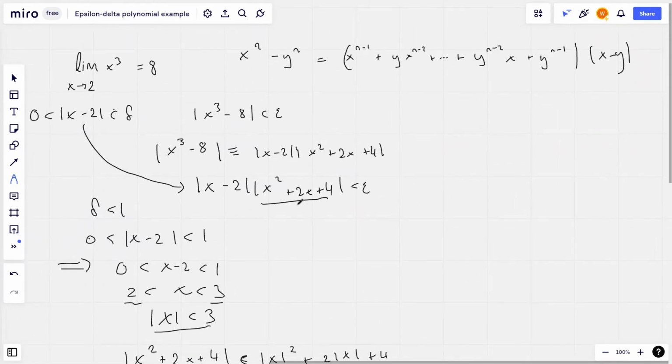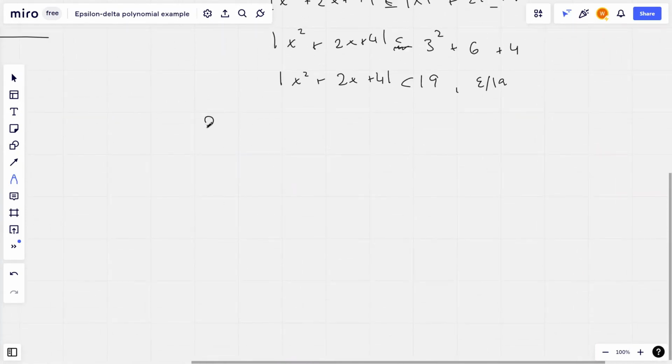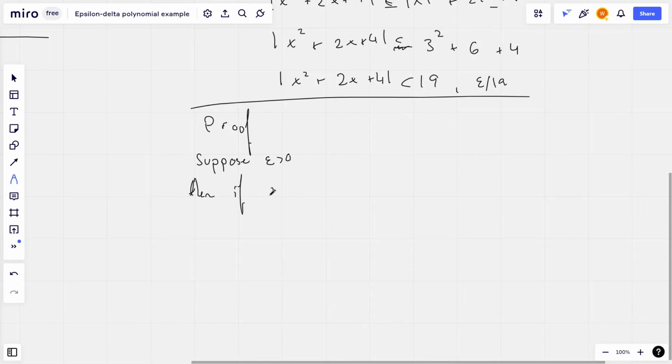So now the proof. Suppose epsilon is greater than 0, then if we have that the modulus of x minus 2 is less than delta, then we have that the modulus of x cubed minus 8 is less than epsilon.